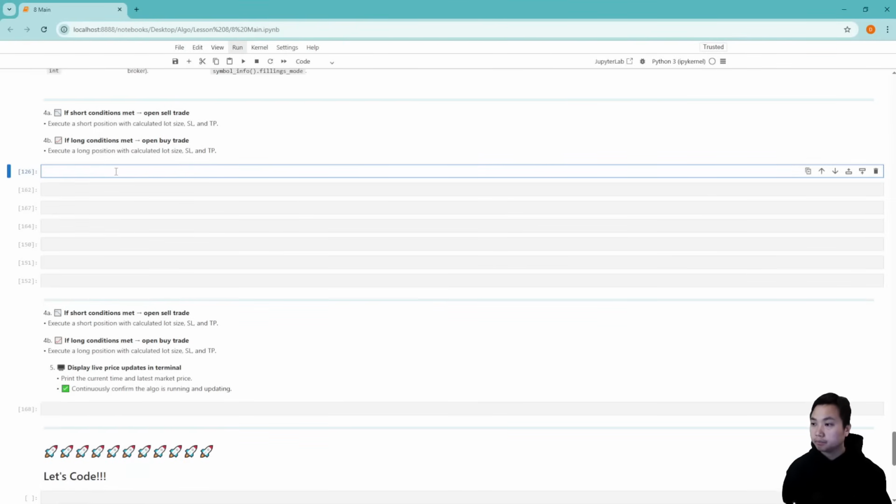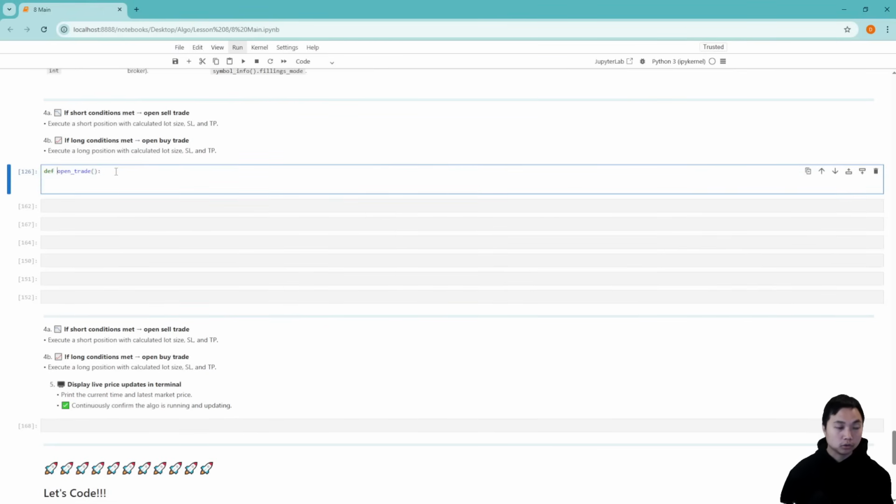We are starting by defining the function. So it's an open trade function. And then there are some parameters that we would like to pass into this trade that include the action, symbol, the lot, the price, the stop loss and take profit, and also the deviation.